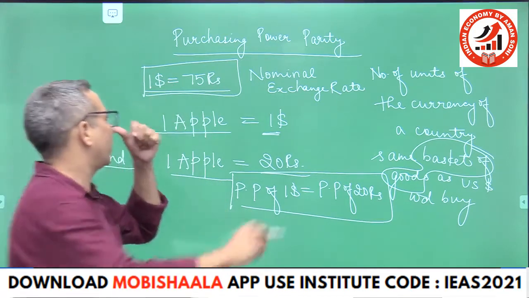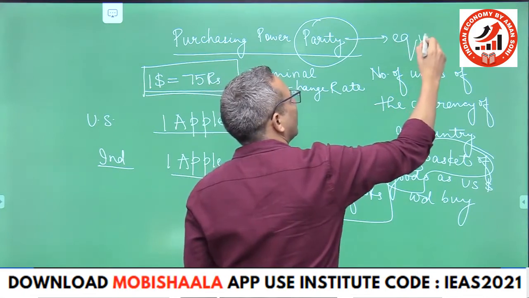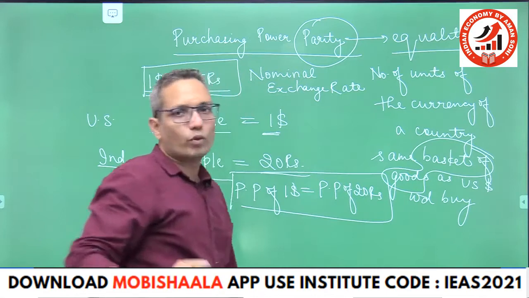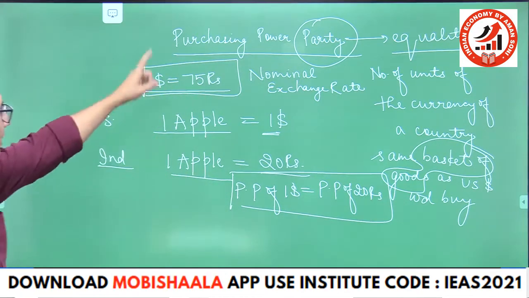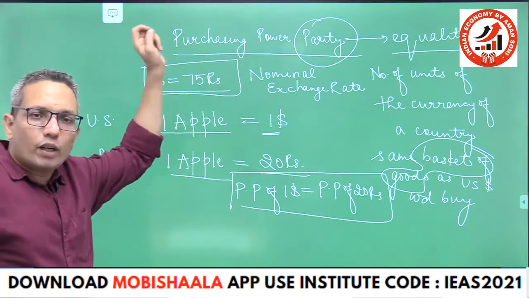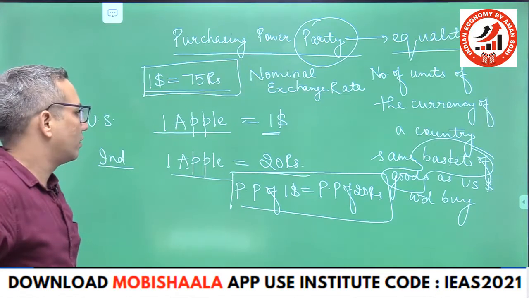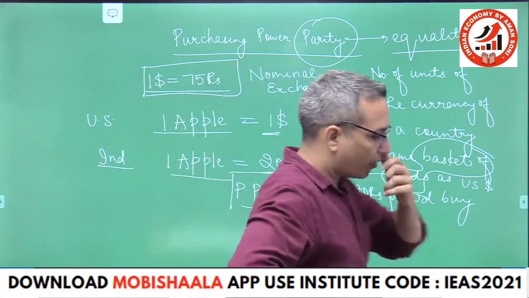What is parity? Parity means equality. So purchasing power parity means we are equating the purchasing power of different currencies. So that is how we get the purchasing power of $1 and the purchasing power of 20 rupees.